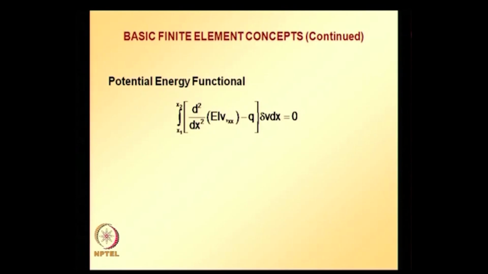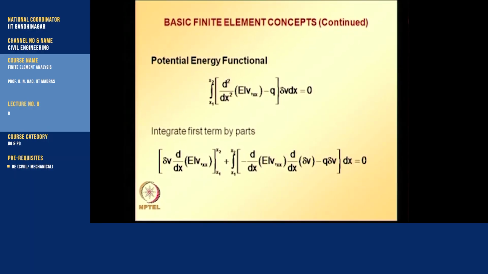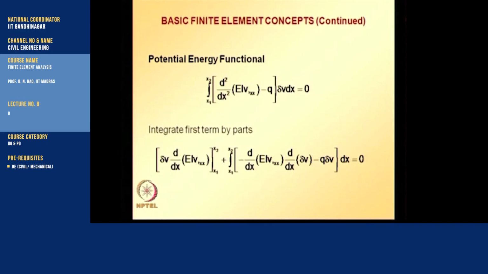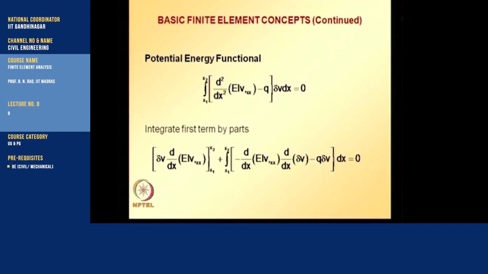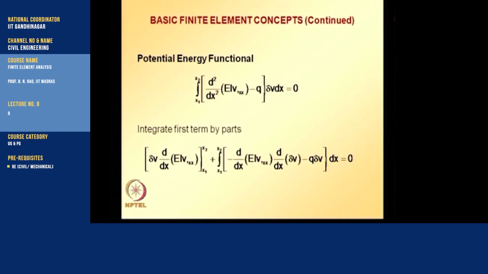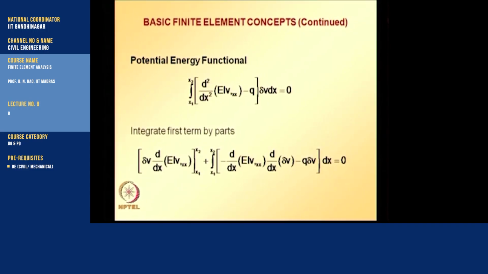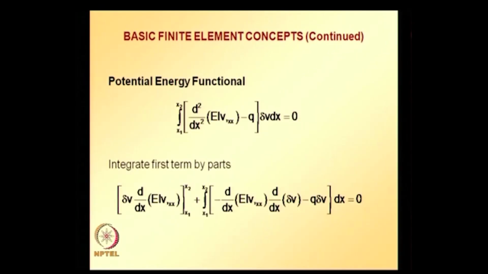So, integrate the first term by parts, that gives us this equation, and if you see the second term, which is the integral, the first term in the integral is actually having derivative of second derivative of transverse displacement, which turns out to be the third derivative of transverse displacement. So, we can use integration by parts one more time and reduce the order of differentiation of that term.